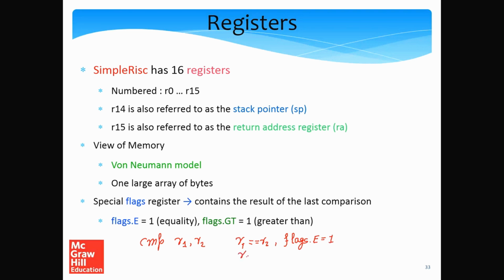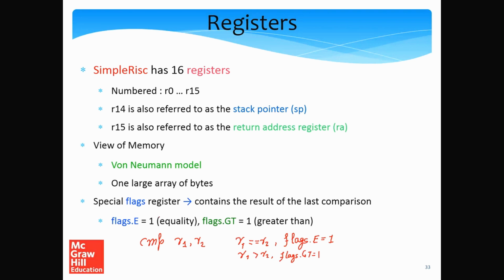If R1 is greater than R2, then flags.e is clearly 0, since the default value of E and GT is 0, and we set flags.gt, greater than, as 1. If R1 is less than R2, then clearly flags.e is 0 and flags.gt is 0.